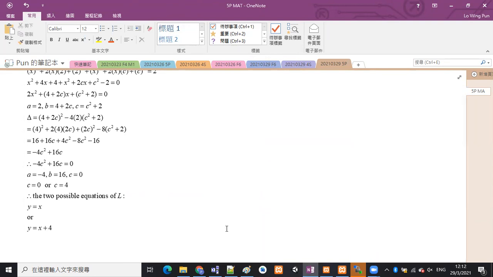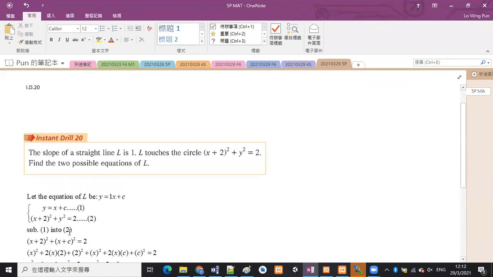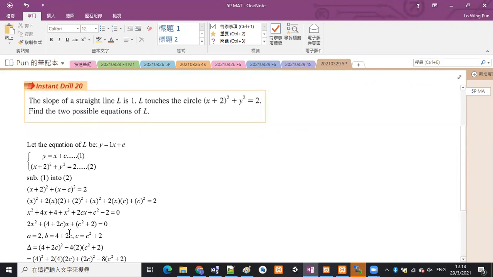Let me paste it to the OneNote first. Can you see? Do you have any problems from this question? Okay, next. This one is instant drill number 20. We do not need to learn 21, because 21 will be really very difficult.